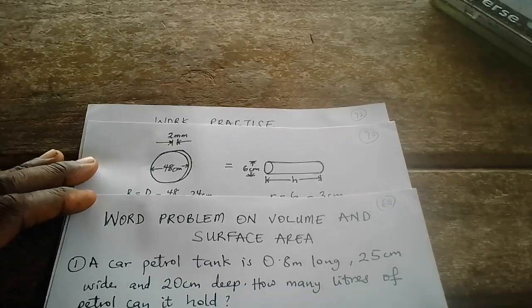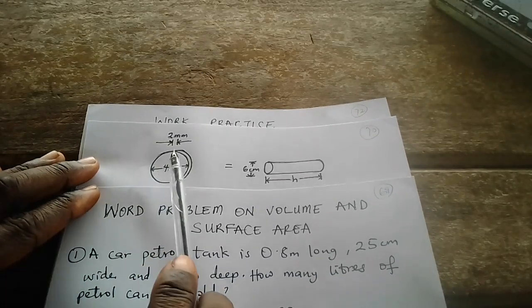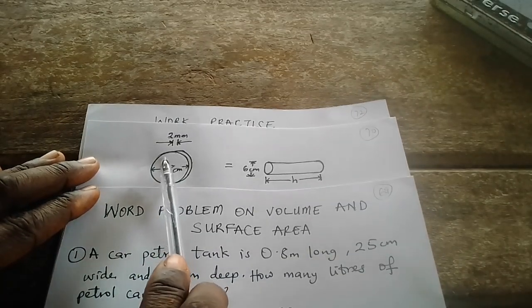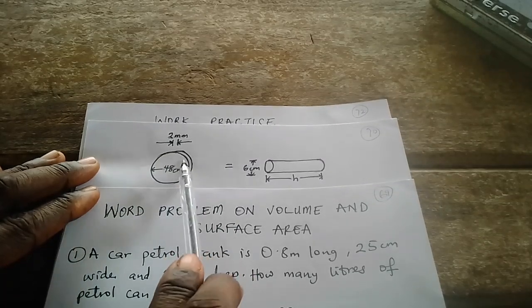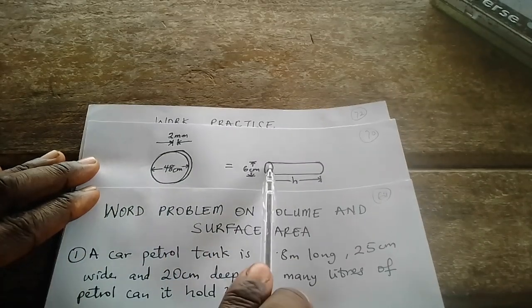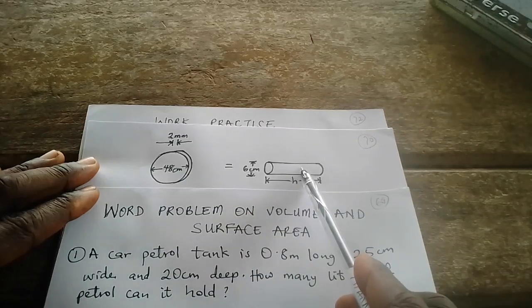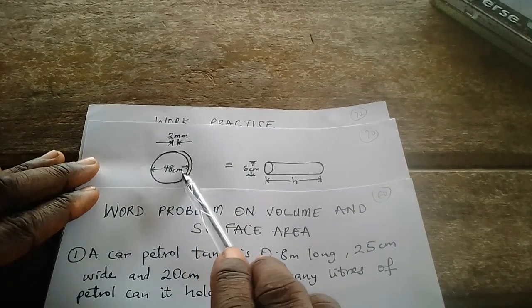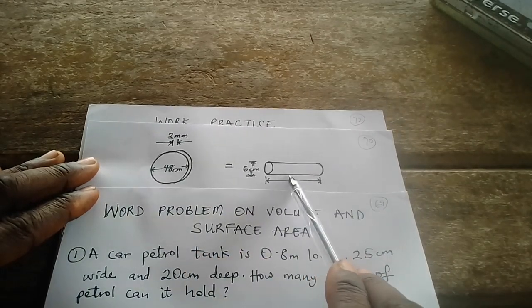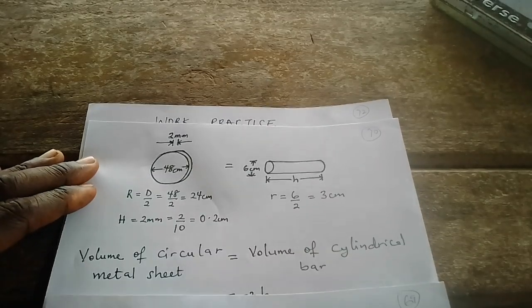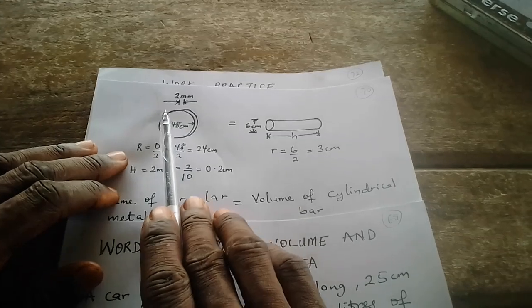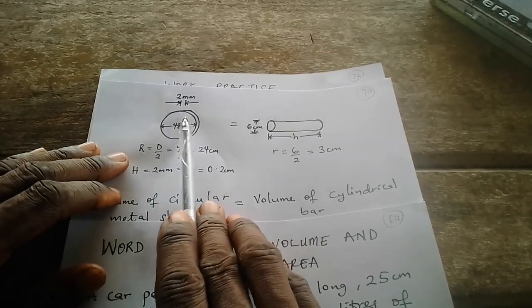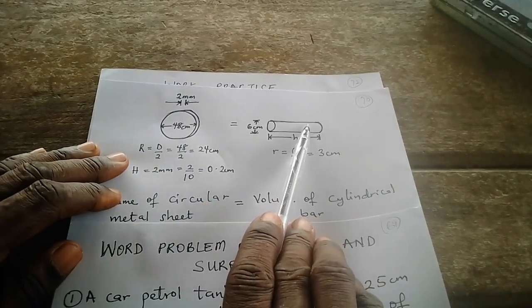It means that the volume of this circular metal sheet is now transformed to be the volume of this cylindrical bar. So the volume of the metal sheet should be equal to the volume of the cylindrical bar. Both of them are cylinders, so here you are given the radius.